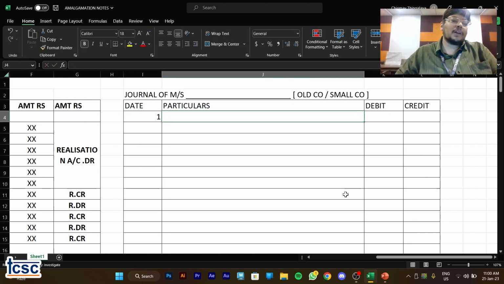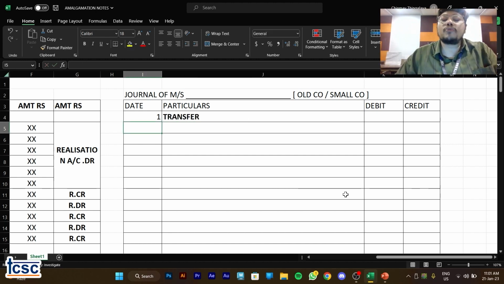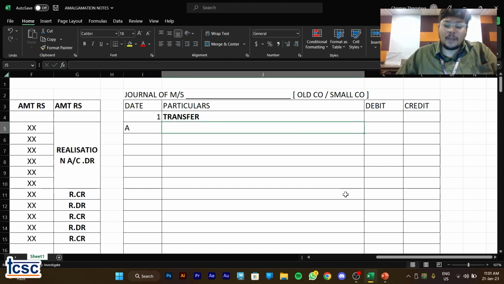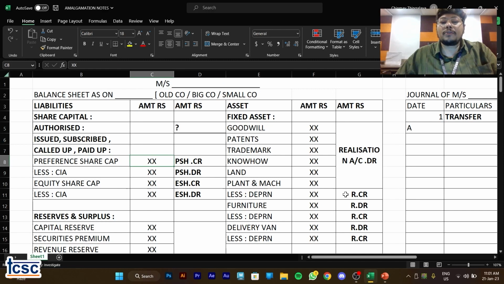Starting with the first part, in the steps, the first part was to calculate the PC. So there are basic calculations which will be given. The second step was transfer. So my journal entries will start from transfer. Now whatever markings we have done in the balance sheet, we are going to transfer to various accounts through a journal entry.